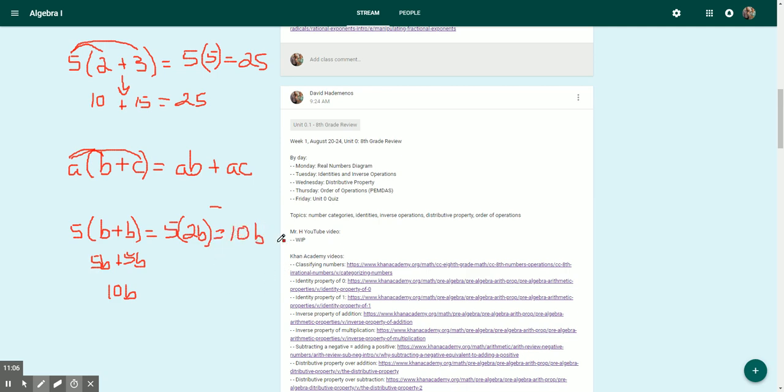And for this example, I'll go ahead and illustrate it with a visual as well. This is the same as saying 5 groups of 2B's. This is saying 5 groups of 2 plus 3. So if we've got 2B, 2B, 2B, 2B, and 2B, this is 5 groups of 2B's.